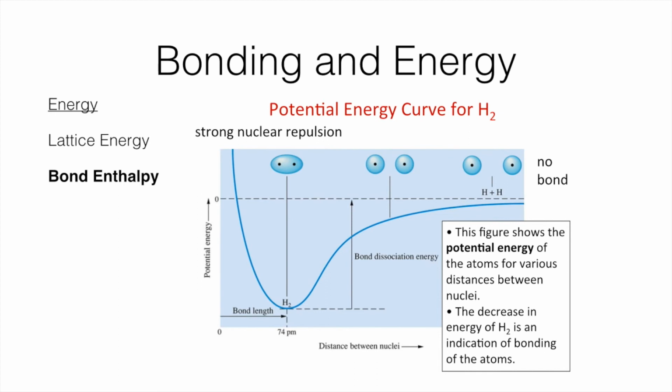So one thing you'll note about this graph is we have a point labeled bond dissociation energy. That is the point where we looked at the chlorine molecule earlier. That's the point when you have two atoms bonded together that are sharing electrons, and once you apply that much energy, they're no longer sharing those electrons.